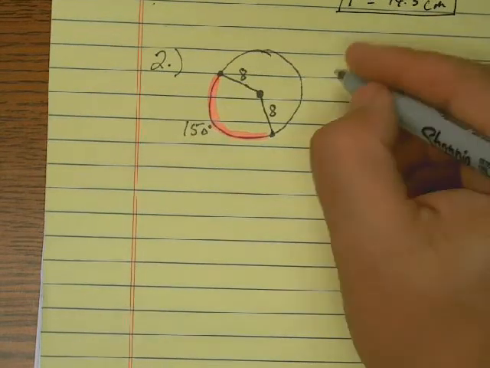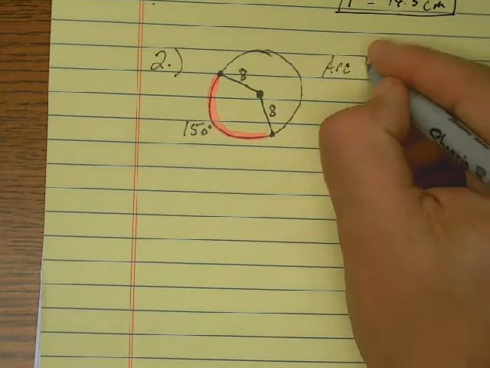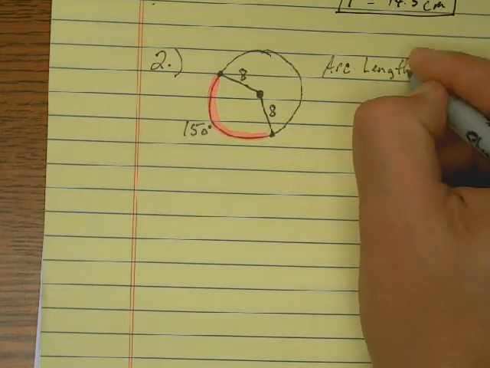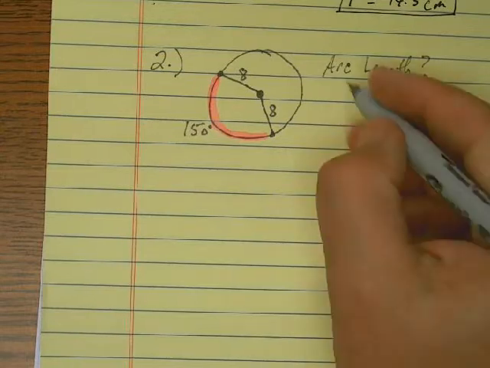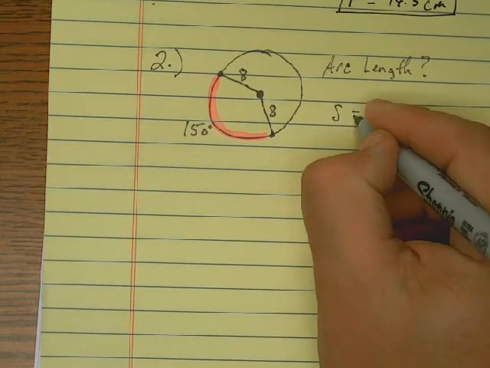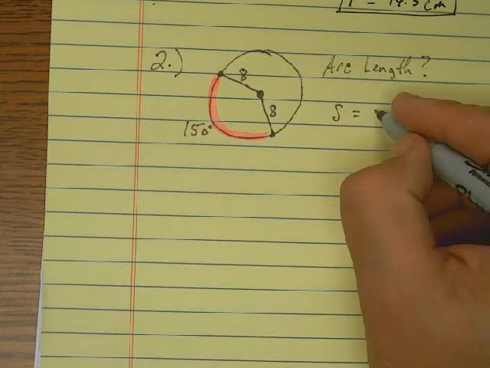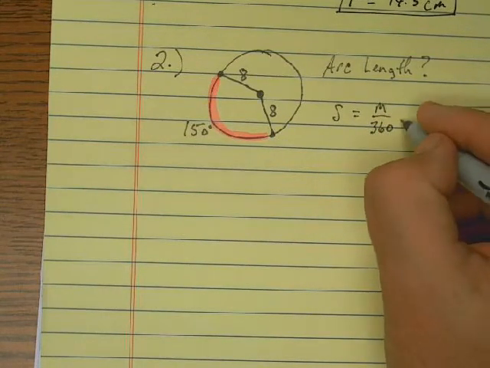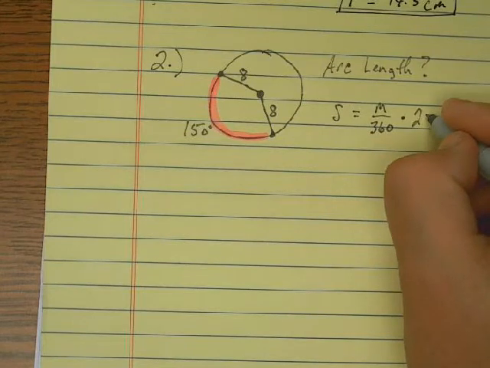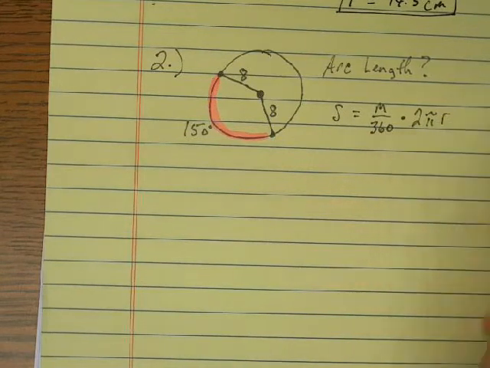Okay, so if we're trying to find the arc length, a question mark there, there is a formula that we have gone over now for 3 days. It looks like this. S, which is the arc length, is equal to m over 360 times 2 pi times radius.